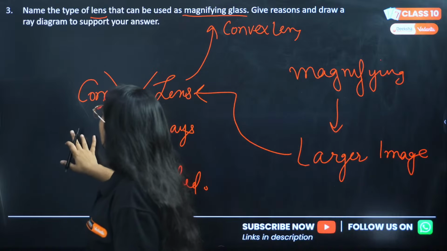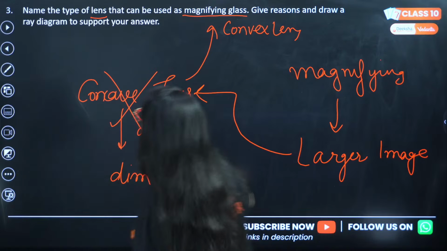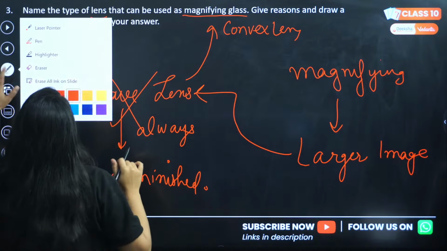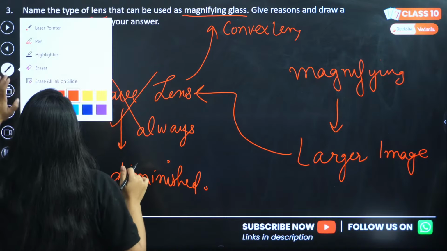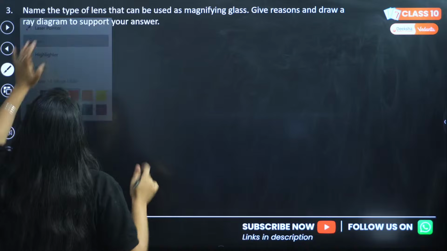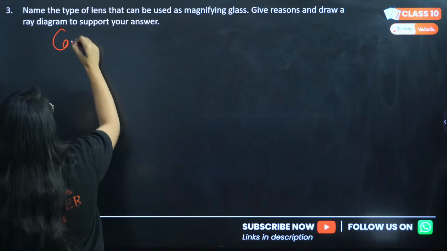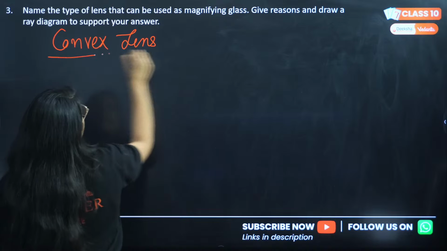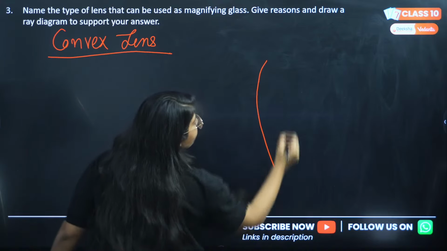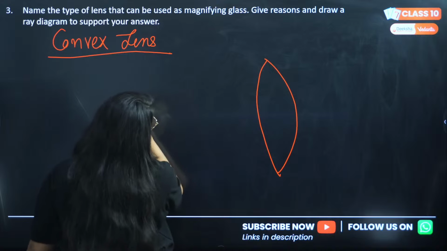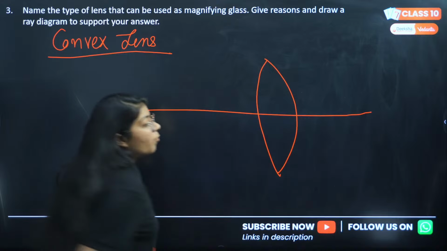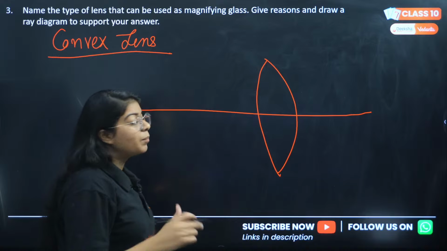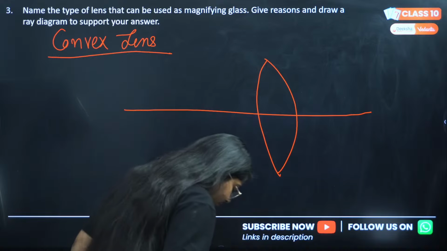Okay, now they are asking for you to make a ray diagram. So the answer is convex lens. Now for the ray diagram, if I have a convex lens, where should I place my object to form a larger image? Beyond C maybe, but that will be a real image.